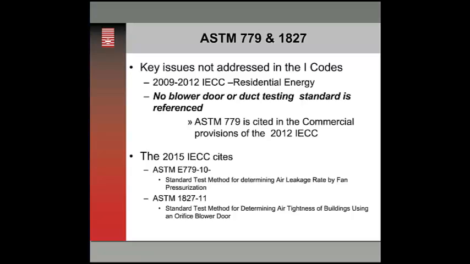The 15 is different. The 2015 version of the IECC actually cites formal ASTM test standards. Two standards are cited: ASTM E779, the 2010 version, which is a standard test method for determining air leakage rate by fan pressurization, and ASTM E1827, the 2011 version, the standard test method for determining airtightness of buildings using an orifice blower door.